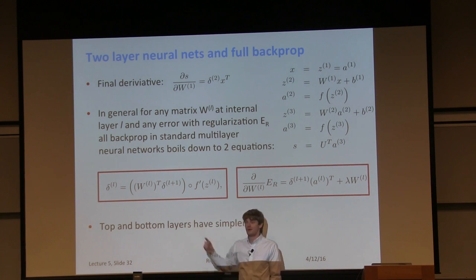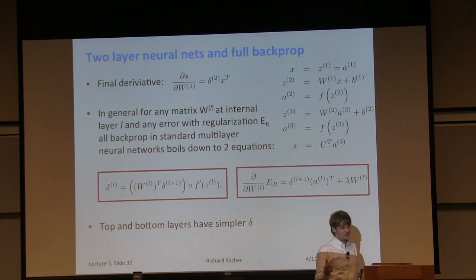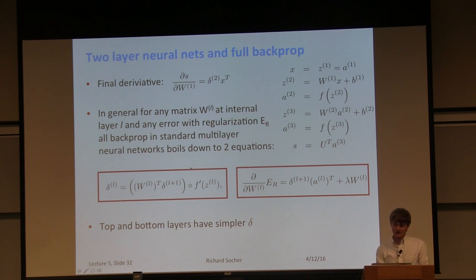Basically, how to compute your delta error messages, which will always, in standard neural networks, be of this form. And then you compute gradients for all your matrices W. And that will always be the outer product of these delta error signals times the activations of that layer. And in many cases, we add regularization to it as well.